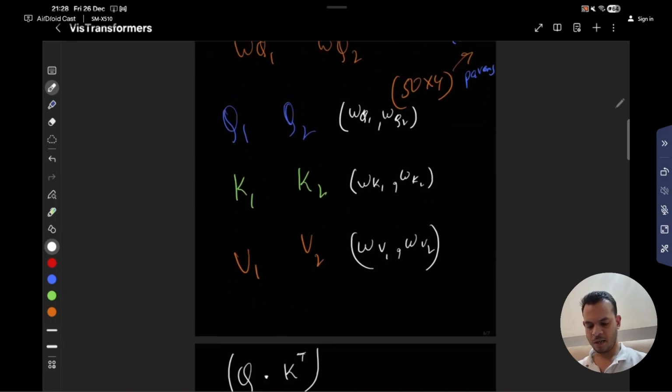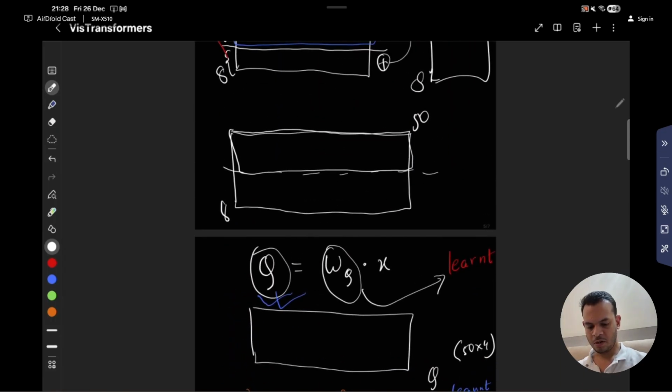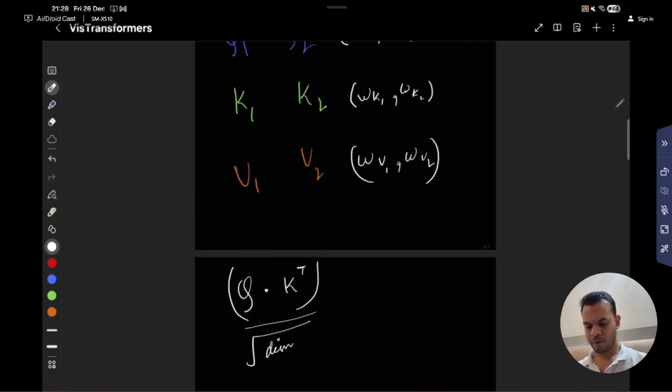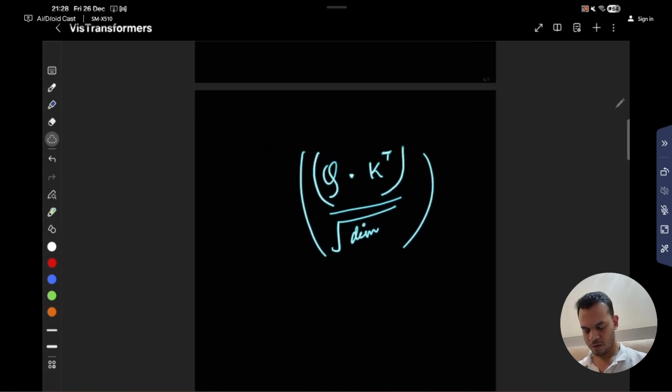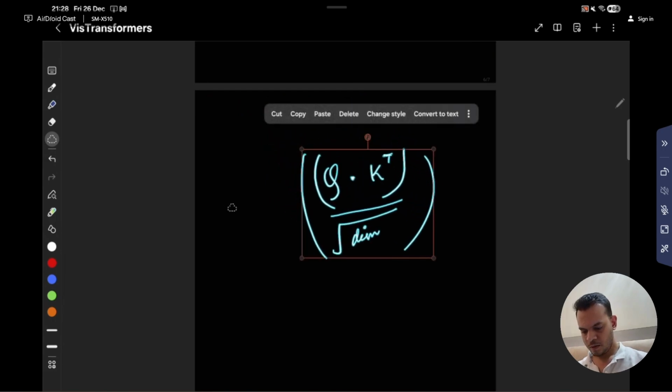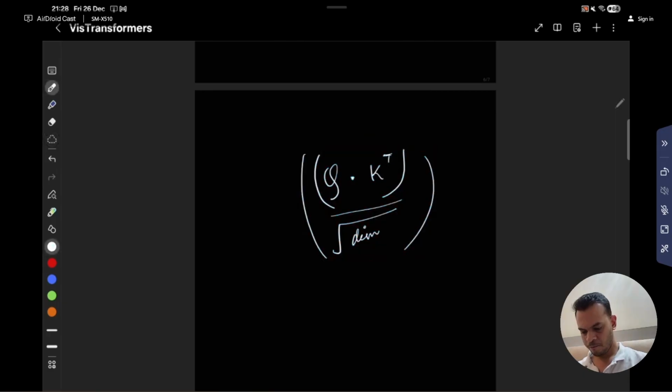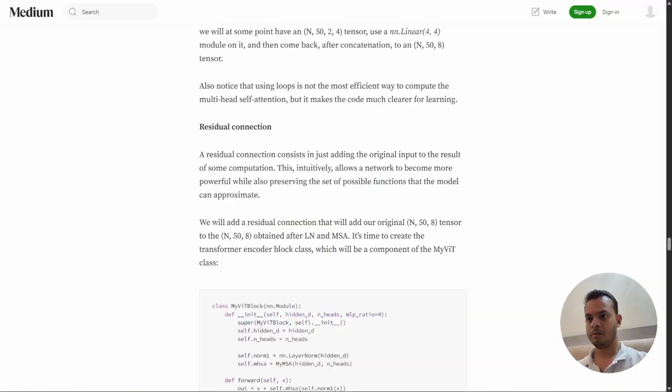So in our case, the dimension size is total dimension of this, which is 8. Okay, and this whole thing is softmaxed, and then it's multiplied by v, dot product.